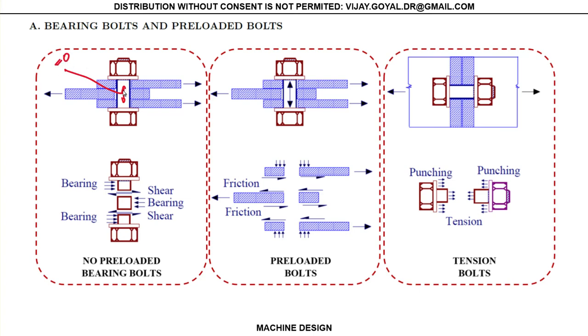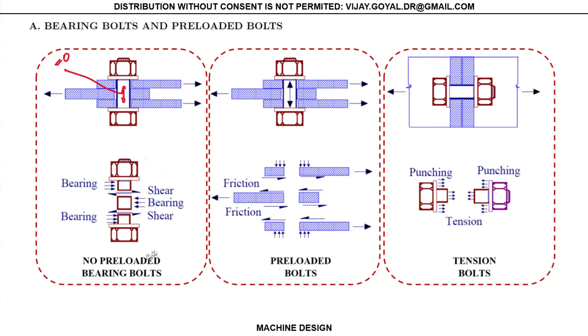There's no preload. So if I apply this and do a free body diagram, you can see this is my shear force, and this is my bearing stress, the contact stress between my bolt and my member.